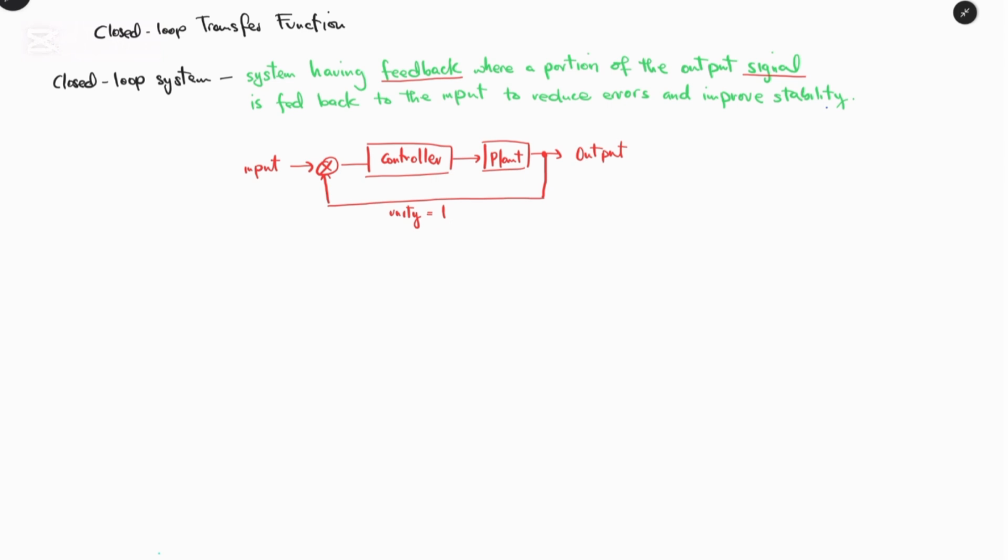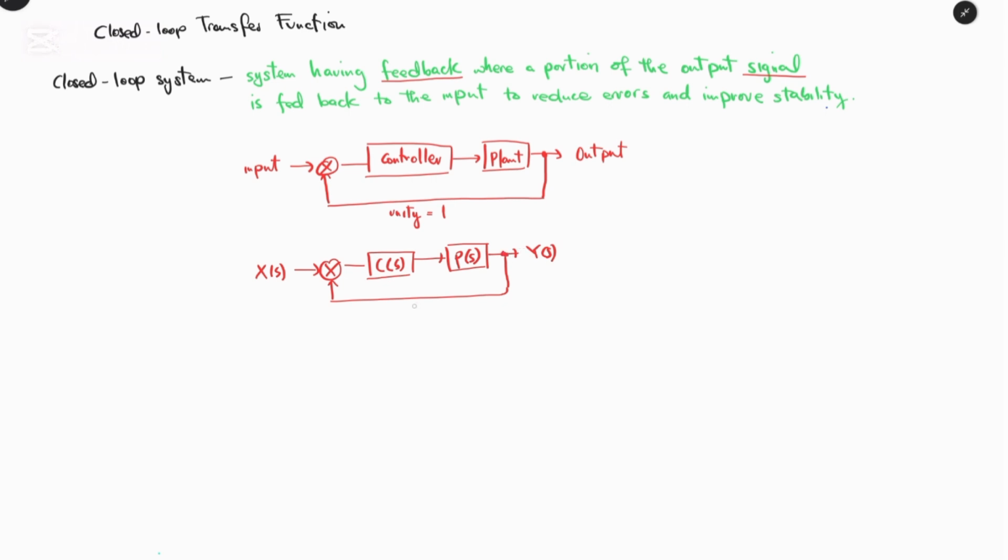So if we are to represent this in terms of the S domain, we can now represent X of S to the comparator, to the controller, which is C of S, and we can have P of S, and the output is Y of S, and we have the output connected to the input.